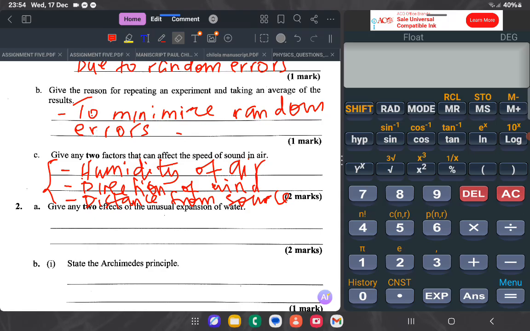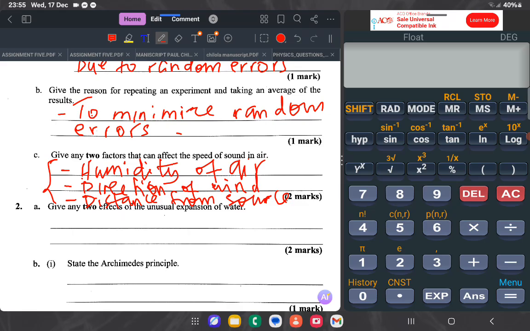Give any two effects of unusual expansion of water. Remember, unusual expansion, also called anomalous expansion of water, is the unusual behavior of water. Water expands when cooled below 4 degrees Celsius and contracts when heated slightly above 4 degrees Celsius.